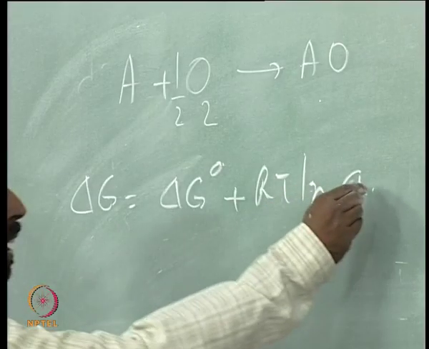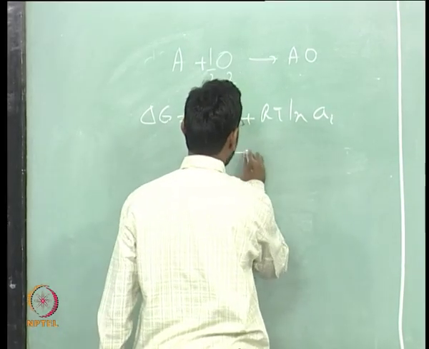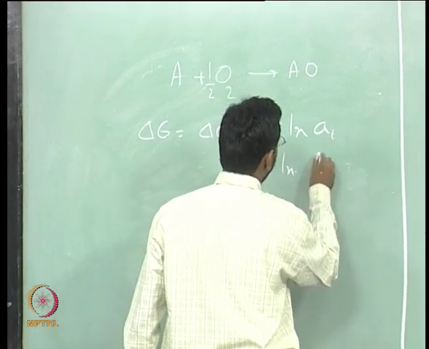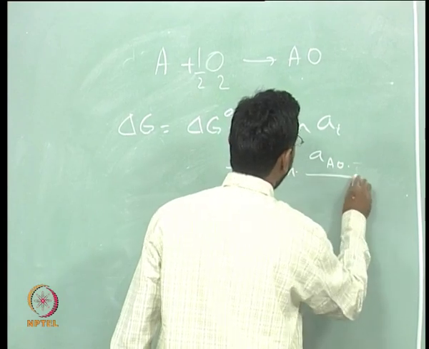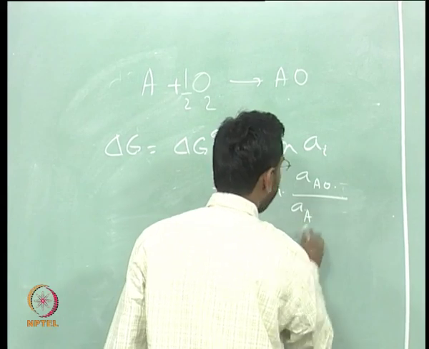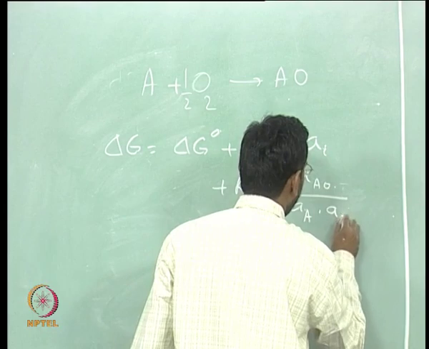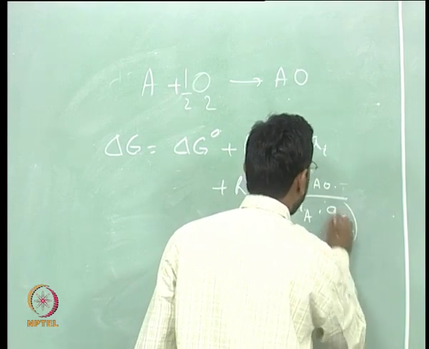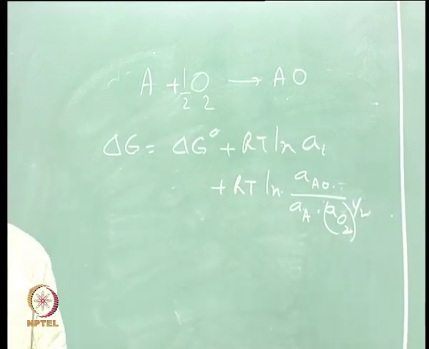When we say the A of the reaction, here you have to take the individual activities of each of them. So, the activity of the product, which is AO, divided by the activity of the reactants, where you have the activity of A into the activity of O2 to the power half, because this half is coming.